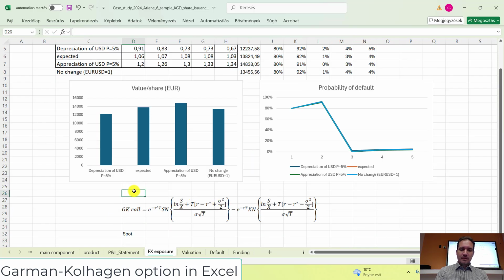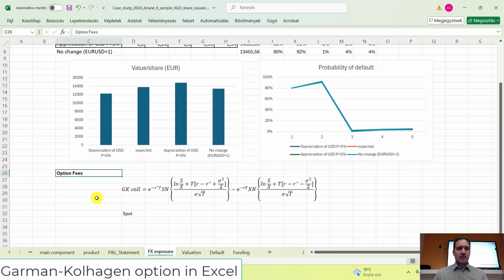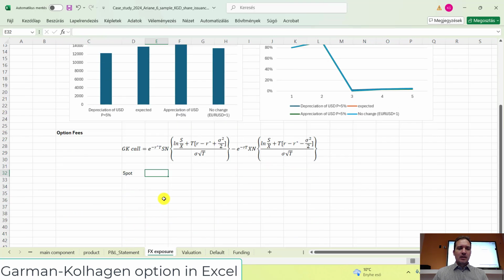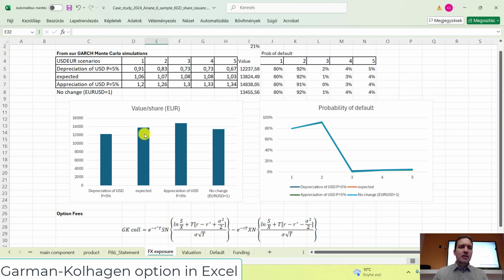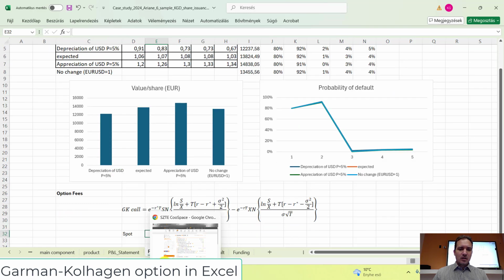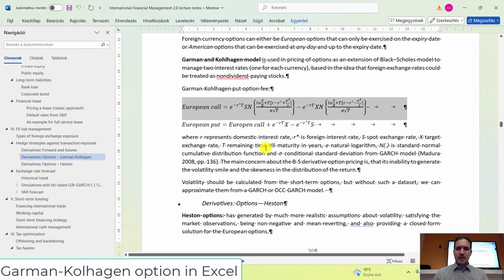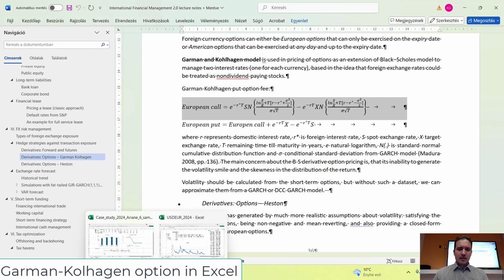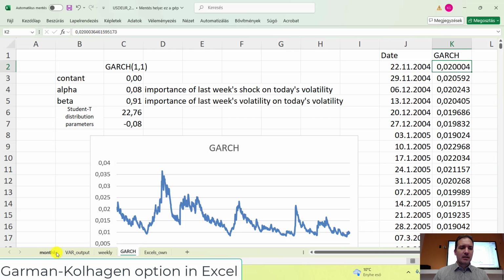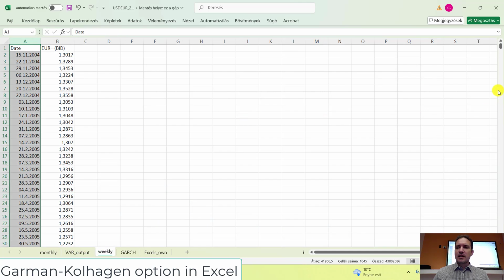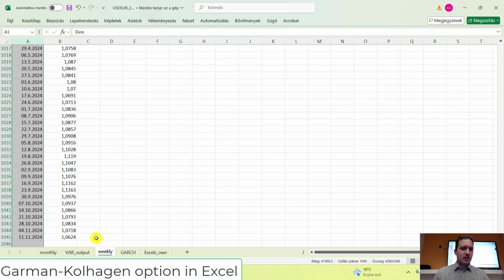So first of all, the spot rate is right now, let's go back to the market data and weekly, and where we were here, 1.6, so this one.